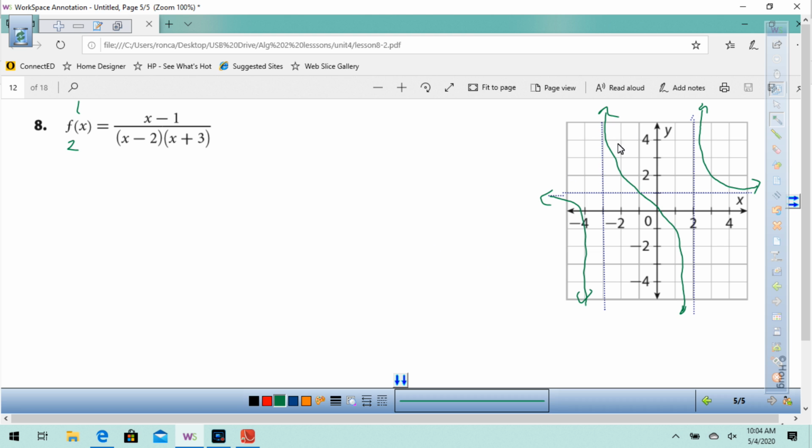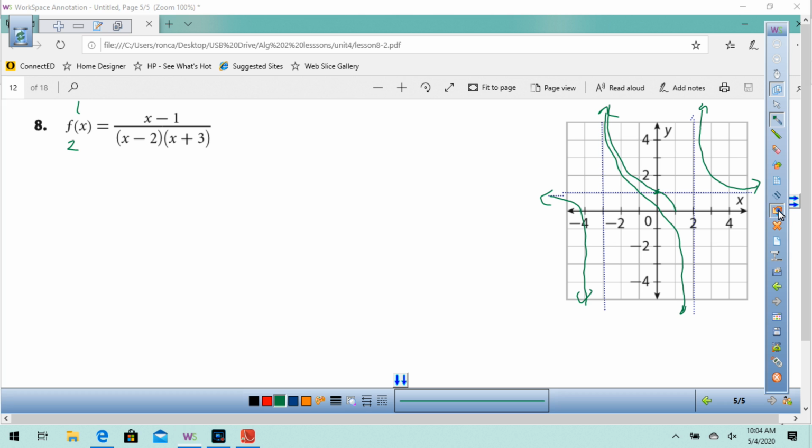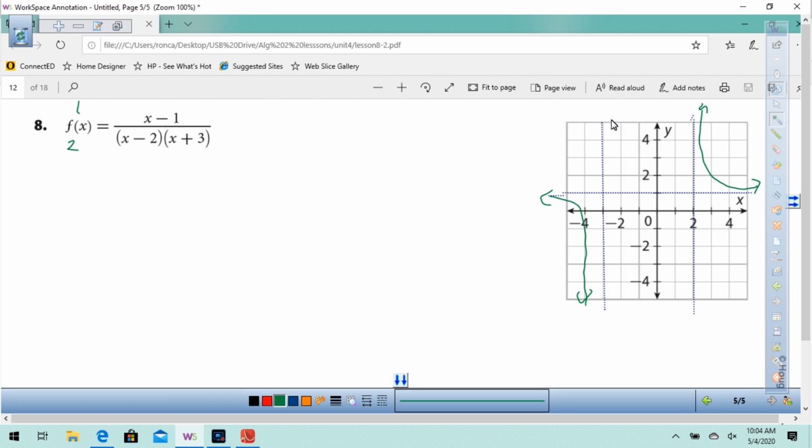I think it's supposed to go like this, something like that right there.